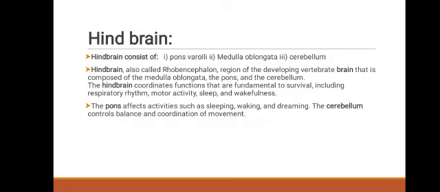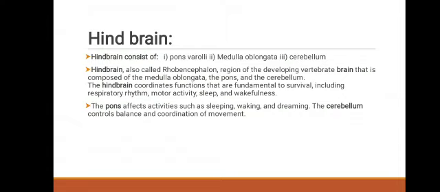Next one, hindbrain. The hindbrain consists of first one pons varolii, second one medulla oblongata, and third one cerebellum. The hindbrain, also called rhombencephalon, is a region of the developing vertebrate brain that is composed of the medulla oblongata, pons and cerebellum.